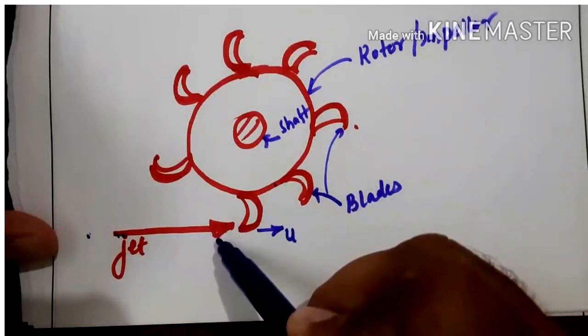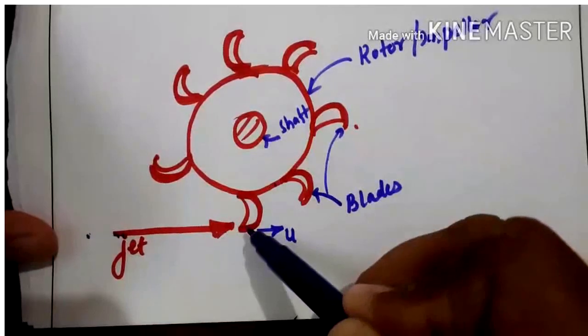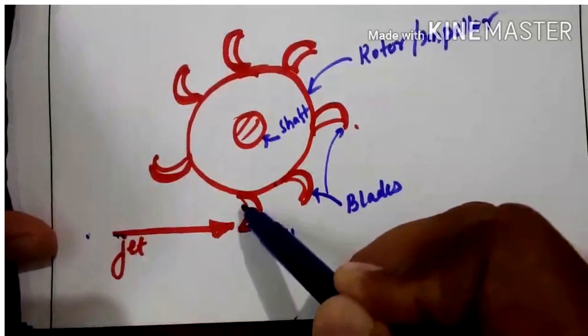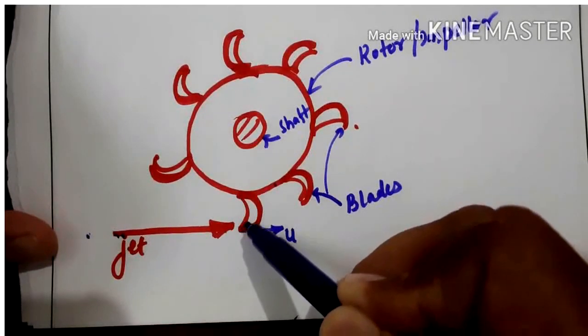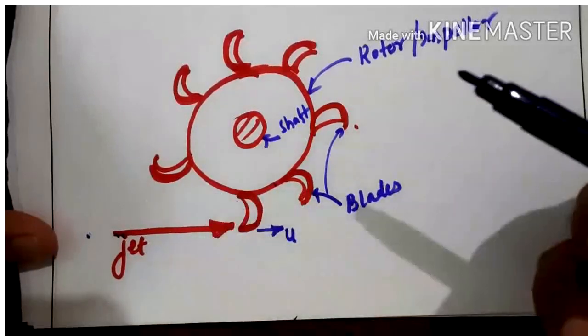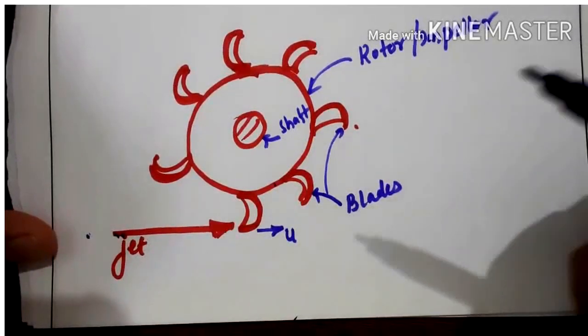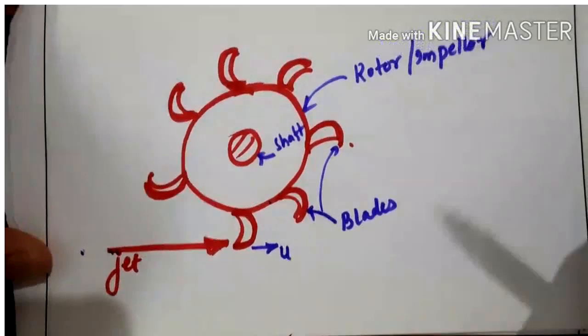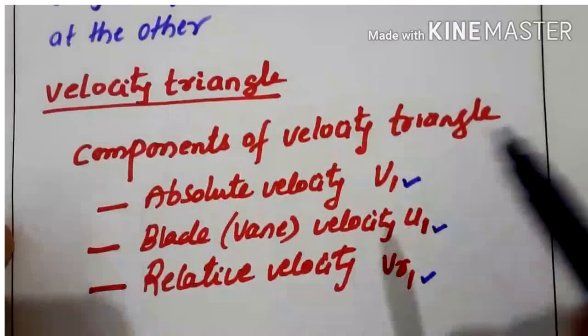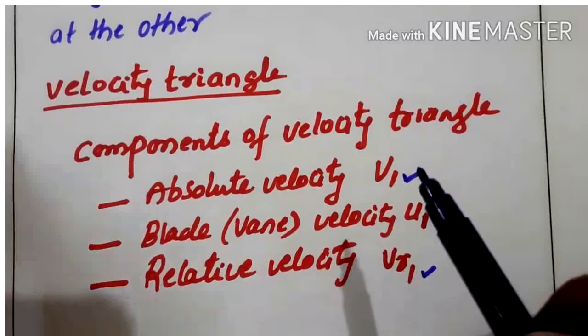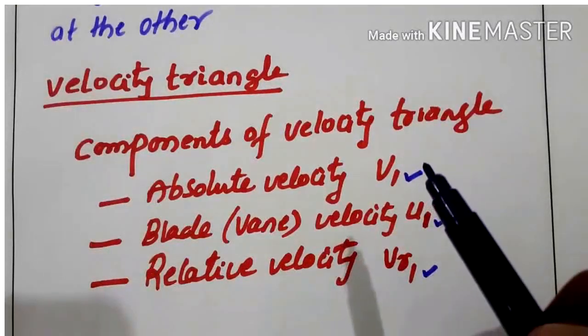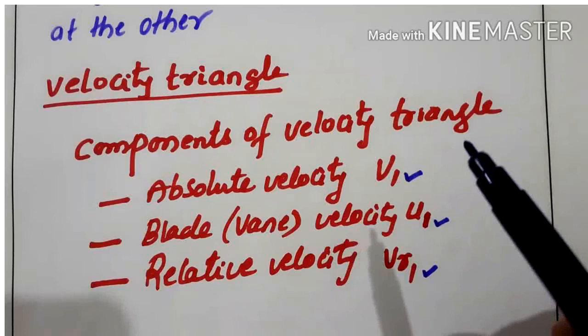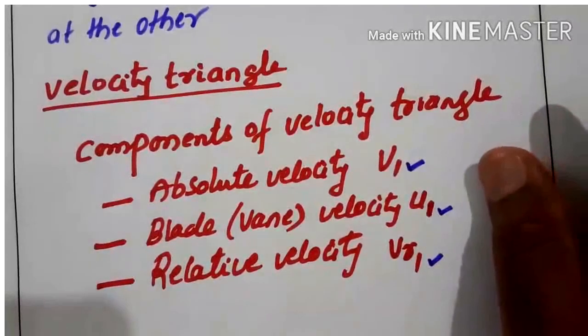The moment it hits the vane or blade, what is the velocity in the blade passage? And when it is coming out of the vane, what is the velocity and how can it be represented? That can be represented by drawing velocity triangles at inlet as well as at outlet.